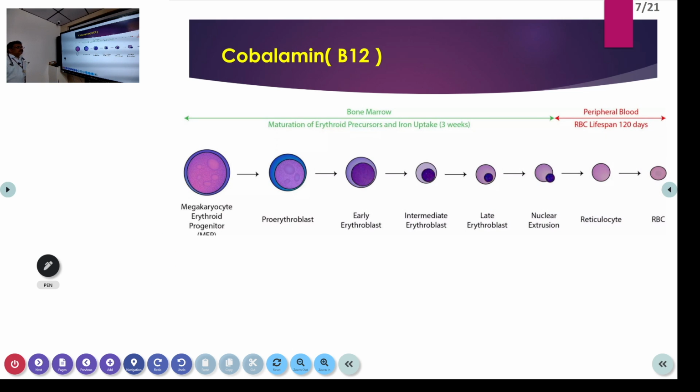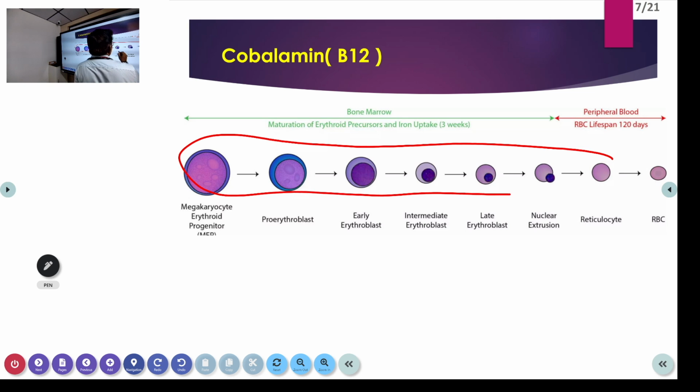Now, the maturation process: if you see the megakaryocyte, from there it will become RBC. So this is a maturation phase. If there is a problem somewhere here or here, that maturation will be arrested here, so the cells will be larger than the normal cell.